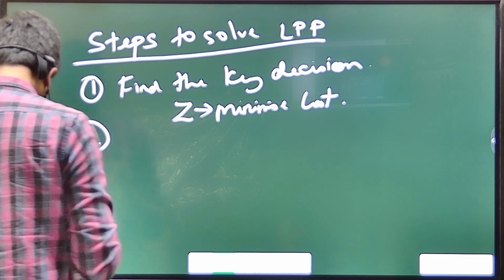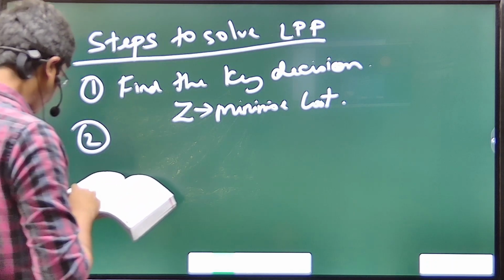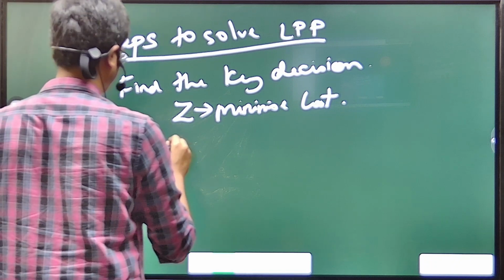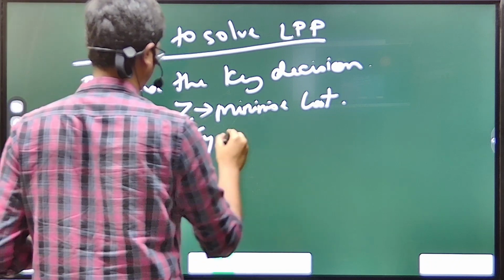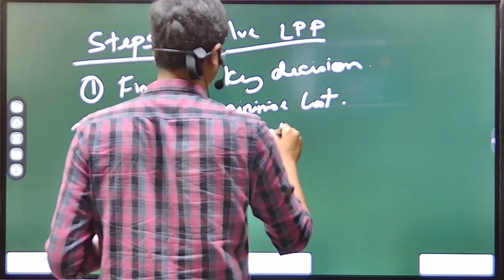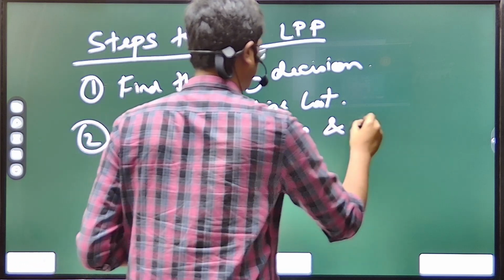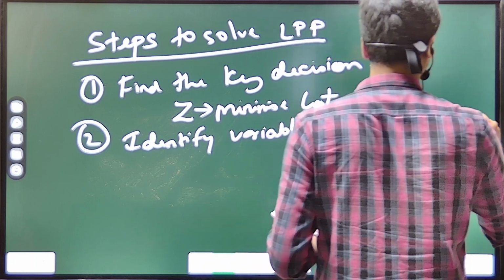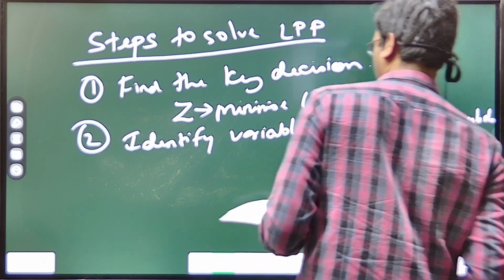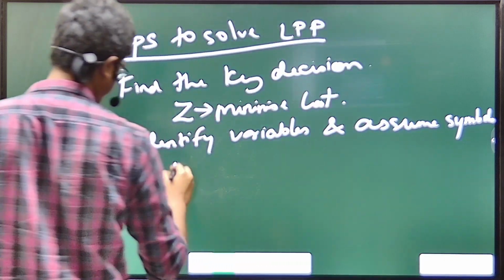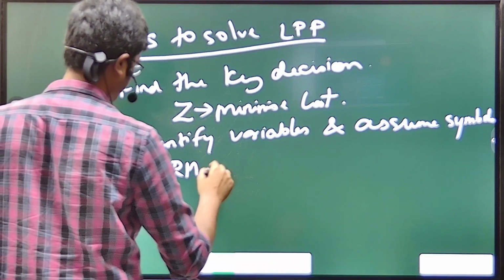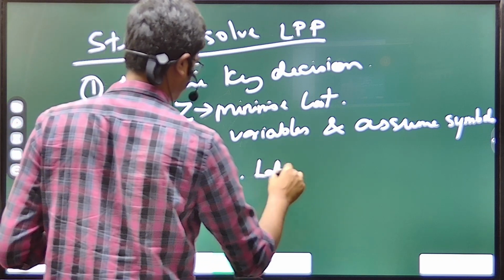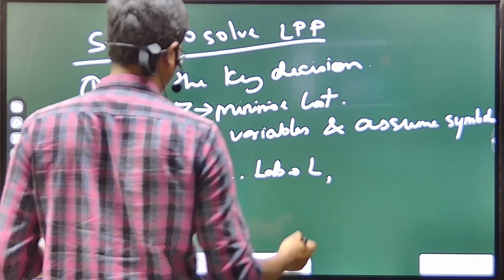Second is identify the variables and assume symbols. Suppose raw material, it is R. Labor, it is L, right?